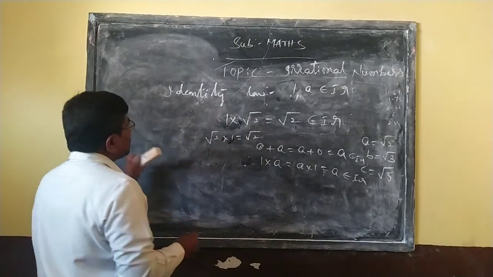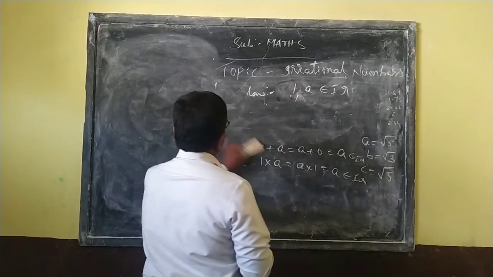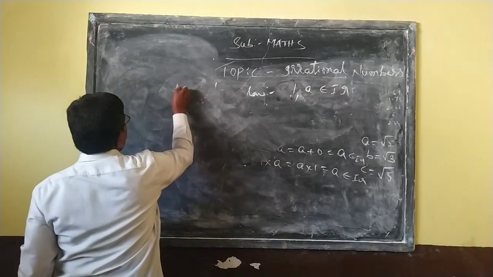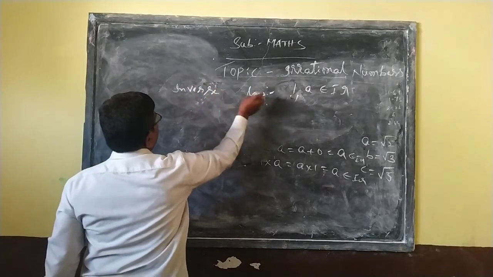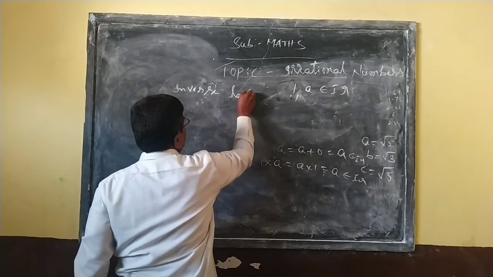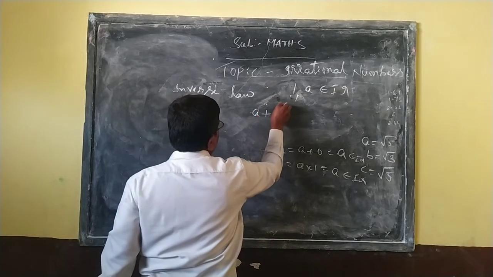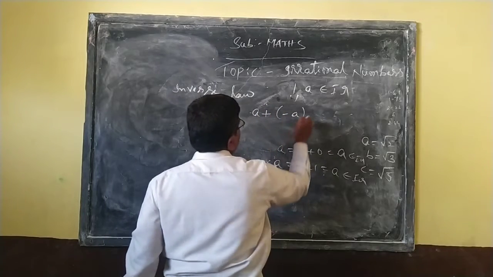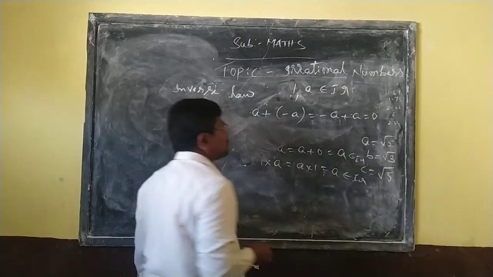Okay, students. Now inverse law, inverse property. Same, that is A plus of minus A is equal to minus A plus A is equal to 0.